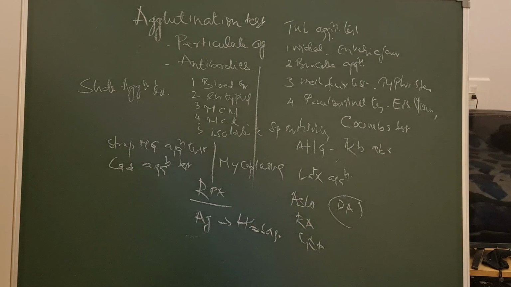Instead of tagging antigen, we tag antibody to detect antigen. The other two are Streptococcus MG agglutination test for detection of mycoplasma pneumonia antibodies, and cold agglutination test. This is all you are supposed to write on agglutination test.